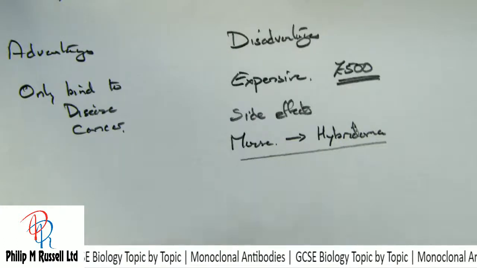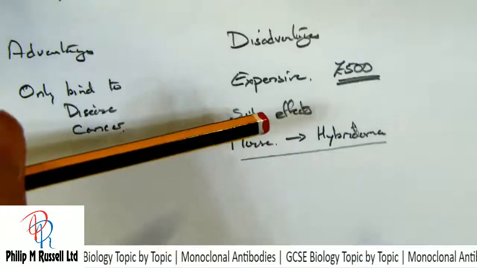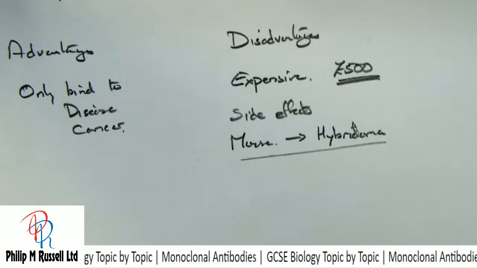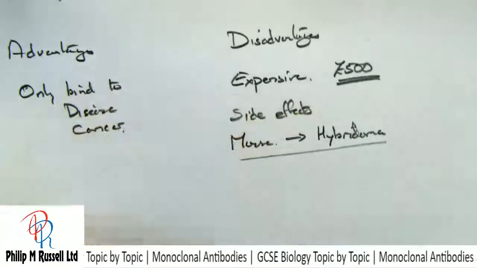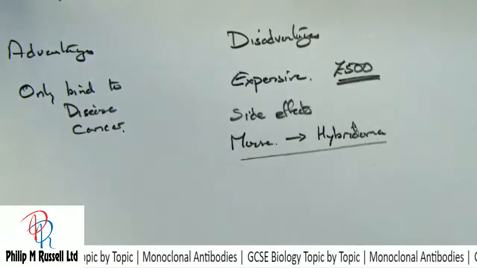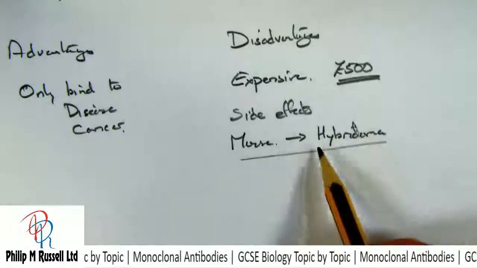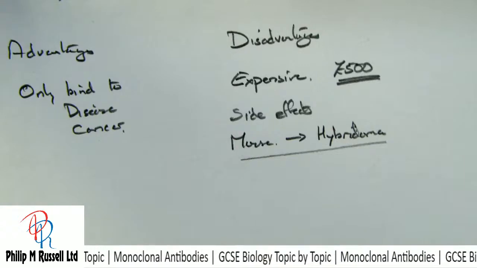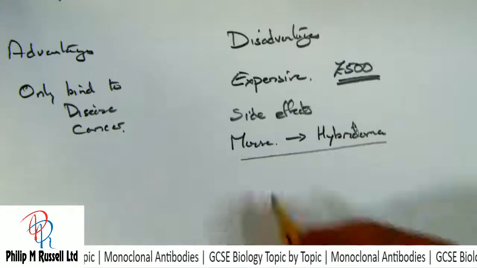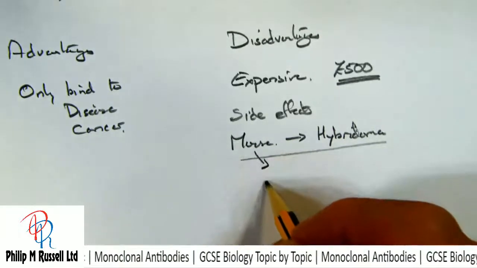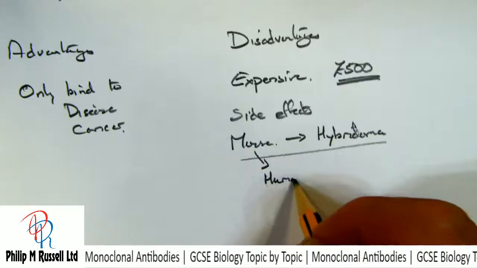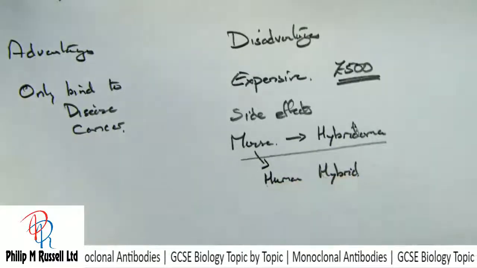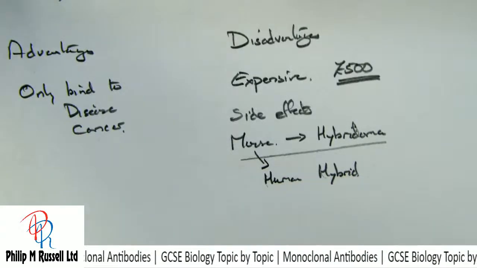So you put these antibodies into a human, and your first job is, rather than using them and helping you, you actually start destroying them because you don't know any better. So this is why we're now trying to take mouse human hybrid cells to try and alleviate these problems.